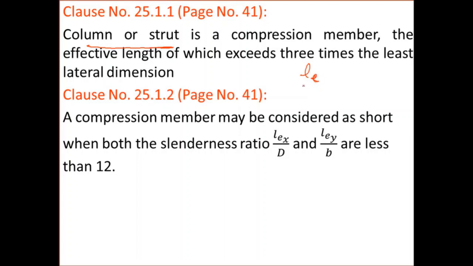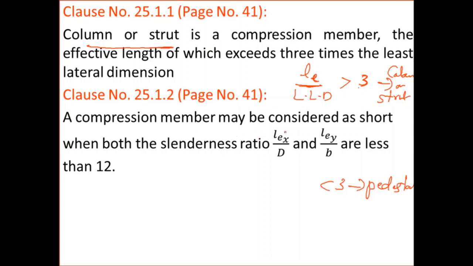So effective length divided by least lateral dimension: if that is greater than 3, then it is called a column or strut. If it is less than 3, then it is called a pedestal.